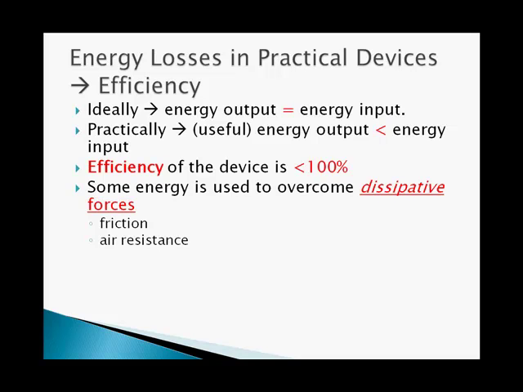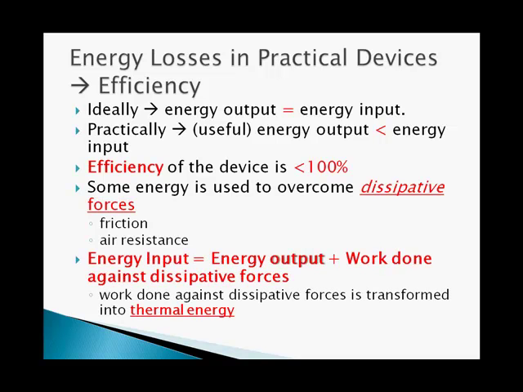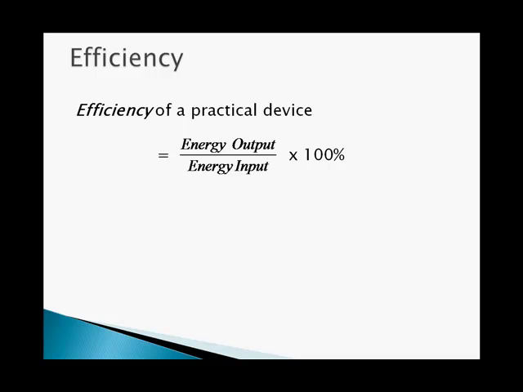So based on PCE, the energy input will be equal to the energy output plus the work done against the dissipative forces. In this case, the work done against dissipative forces is transformed into thermal energy. Mathematically, efficiency is calculated as the energy output over the energy input multiplied by 100%.